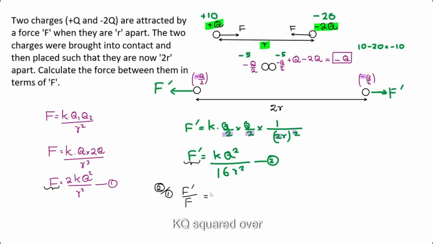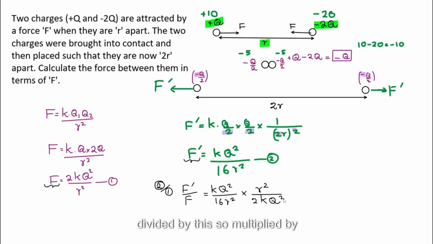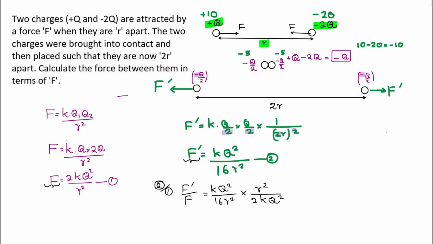KQ squared over 16r squared divided by this, so multiplied by the reciprocal. So r squared goes to the top, over 2KQ squared. Now you can clearly see this K here and this other K get cancelled out, Q squared and Q squared, r squared and r squared.